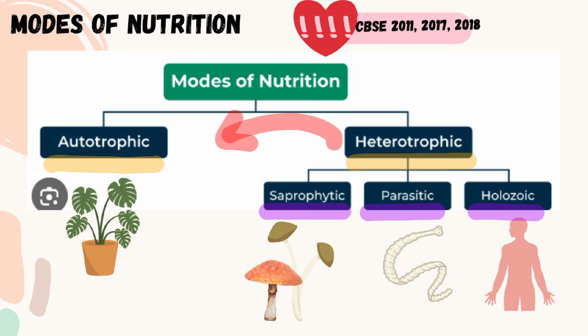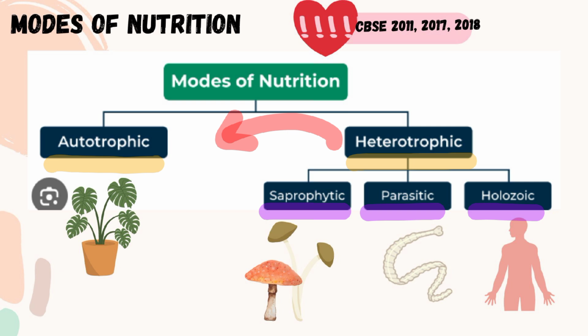Examples are leeches, ticks, and lice. These are all parasites. In the holozoic mode of nutrition, complex organic molecules are taken in and broken down inside the body of the organism. Examples of holozoic are human beings, cows, and most animals.